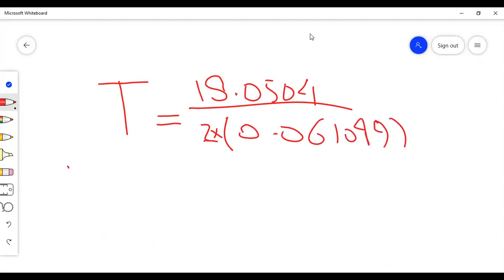So what is the answer of this if you can solve this?